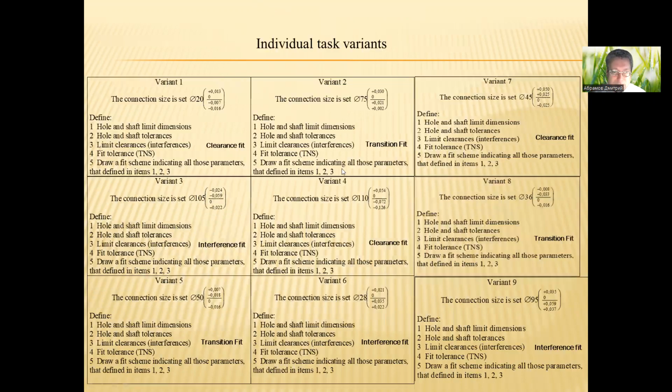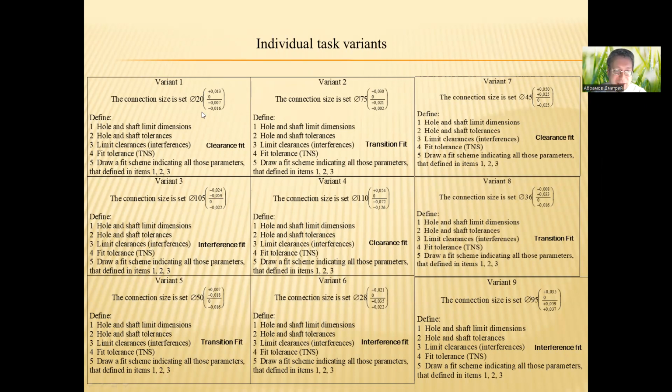So it was an example, 3 examples, and now you should do your individual task. Use your variant, which is the number of your name in the journal of your group. So use variant 1, 2, 3, 4, 5, 6, 7, 8, 9.